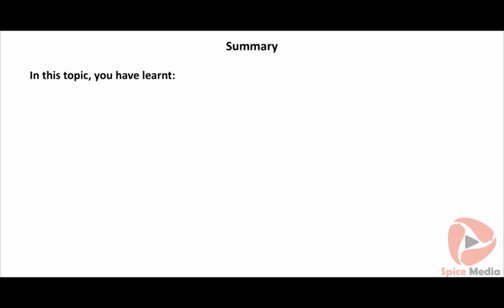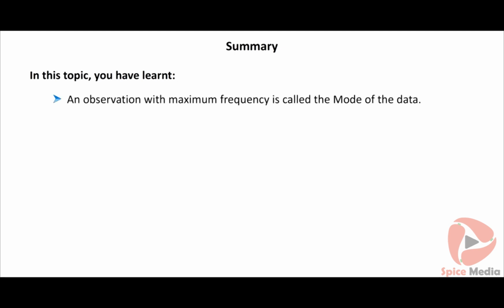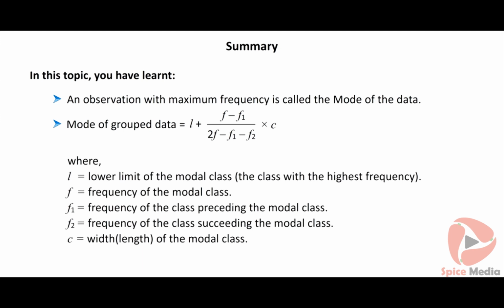In this topic you have learnt an observation with maximum frequency is called the mode of the data. Mode of grouped data is equal to L plus (F minus F1) divided by (2F minus F1 minus F2), into C, where L equals lower limit of the modal class, the class with the highest frequency.